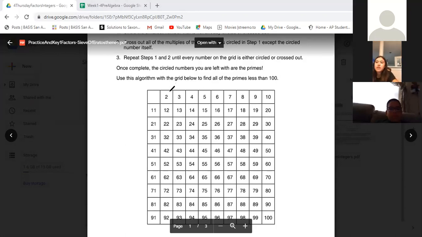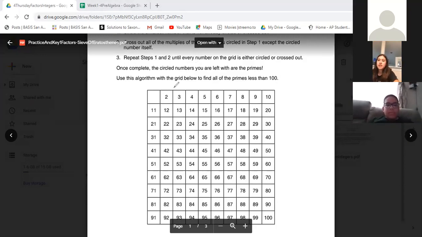So you can tell me who's gonna go first. Sebastian, can you explain what to do with 2? I actually just forgot the instructions.